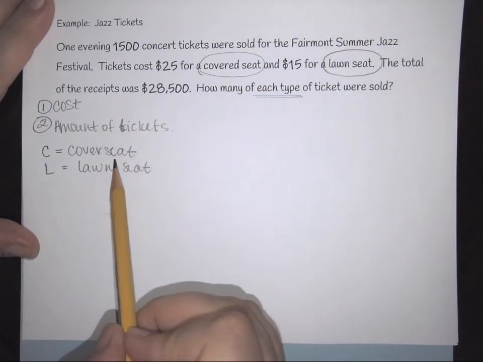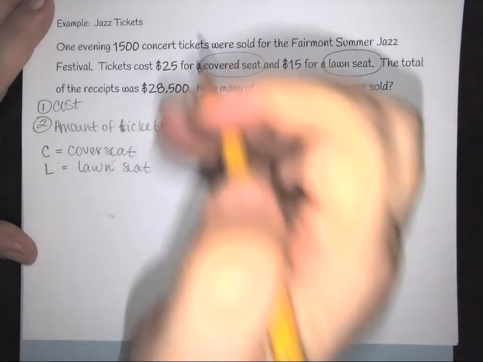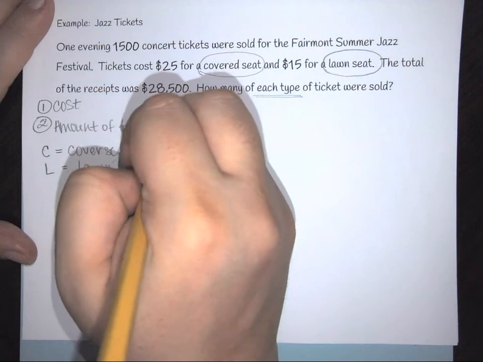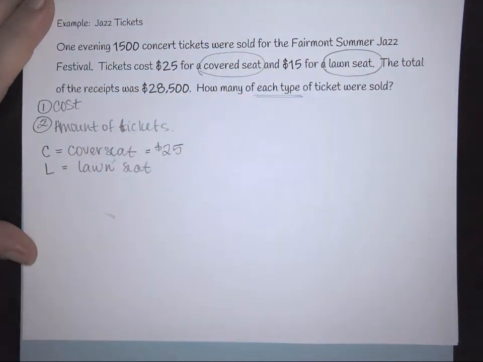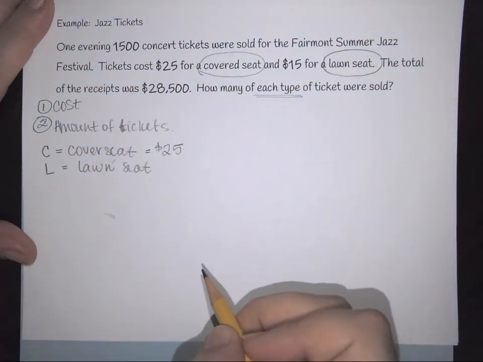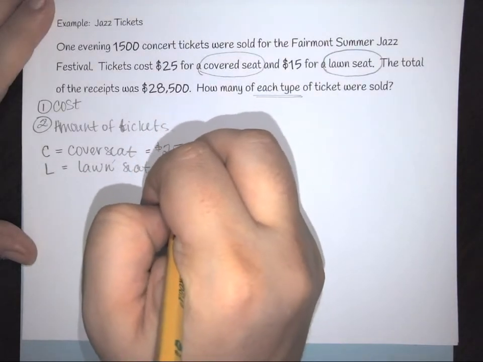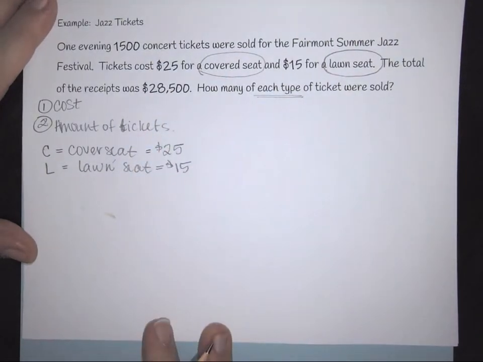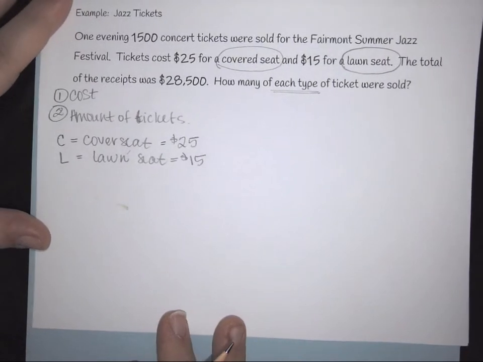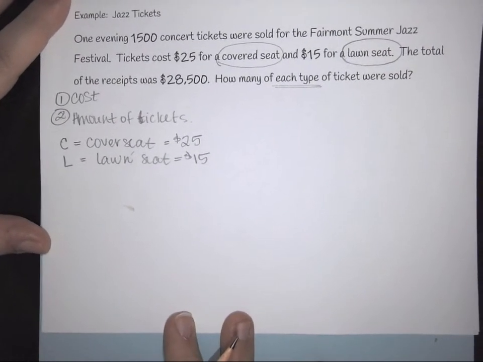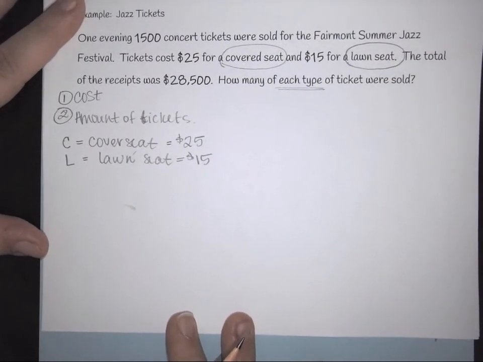Now, I know some information about my covered seat. I know that they cost $25. At the same time, I know some information about my lawn seat in that they cost $15. So with that being said, I can create my cost equation.